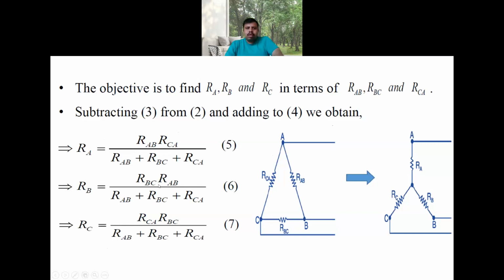Similarly, if we divide 6 by 7, then RB divided by RC is equal to RAB divided by RCA, as the denominators get cancelled.